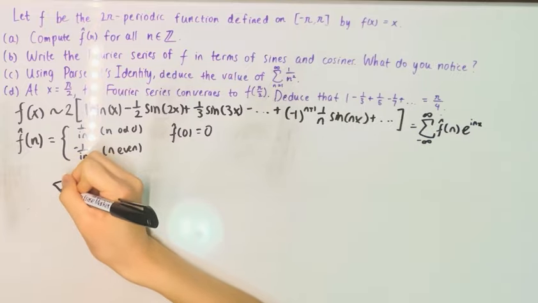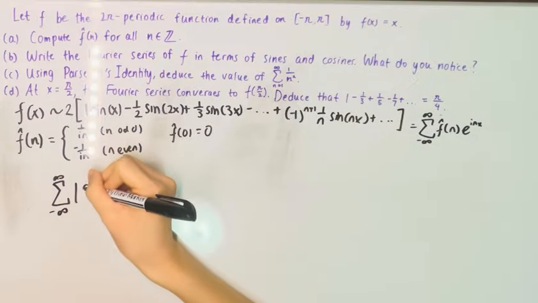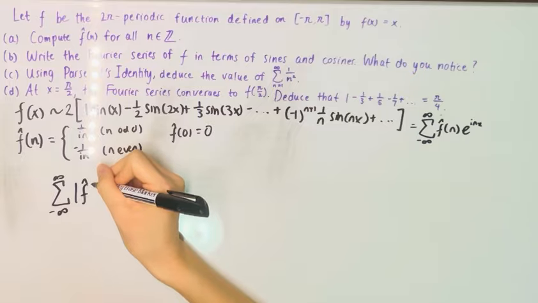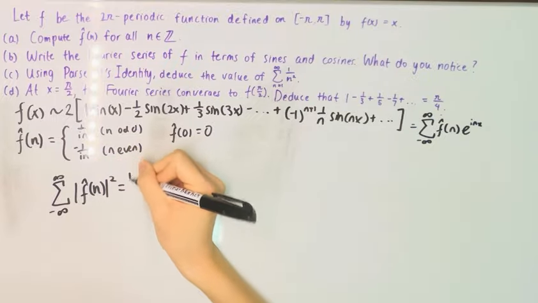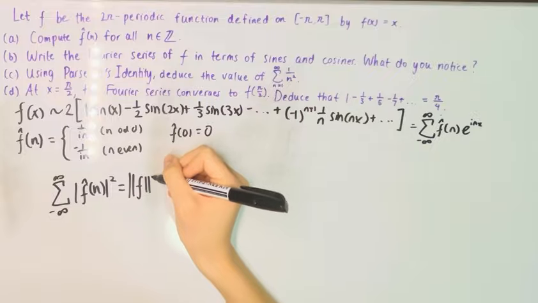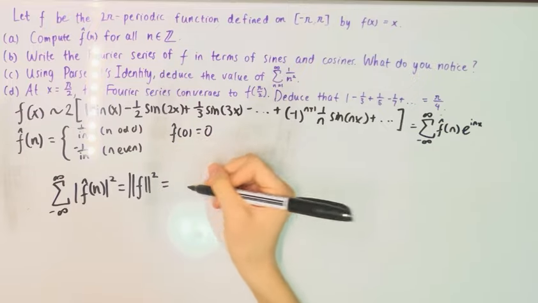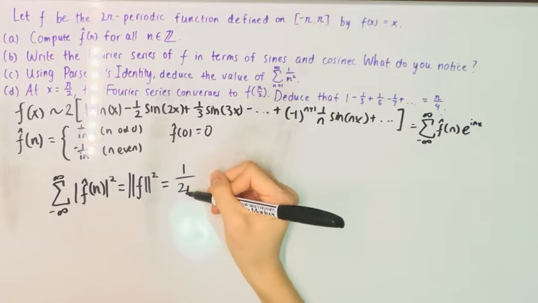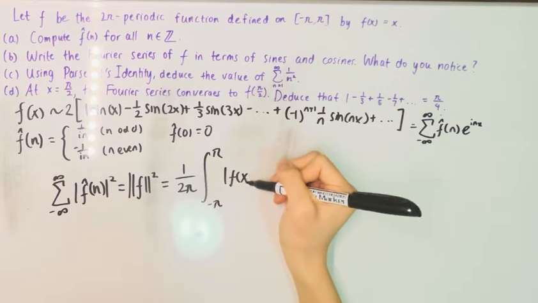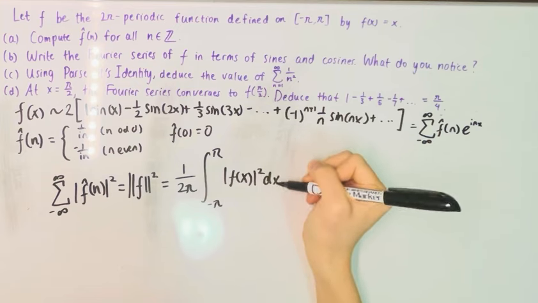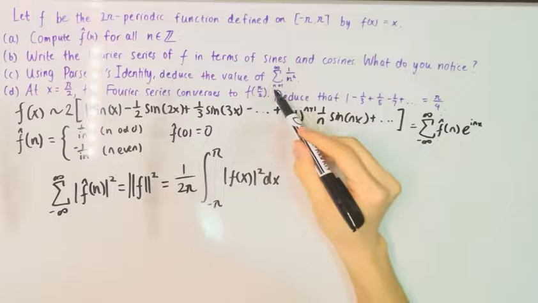We can write this as the sum of squares of the Fourier coefficients is equal to the norm of the function squared. We can also just write this as the integral of x squared dx. Okay, so let us deduce this.